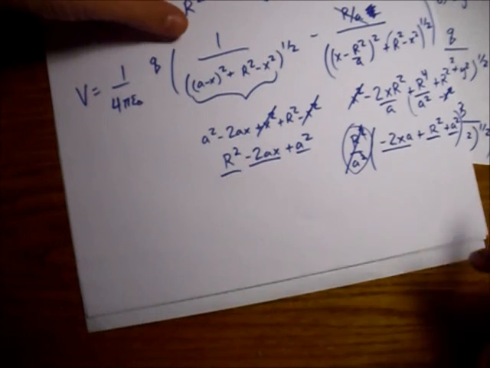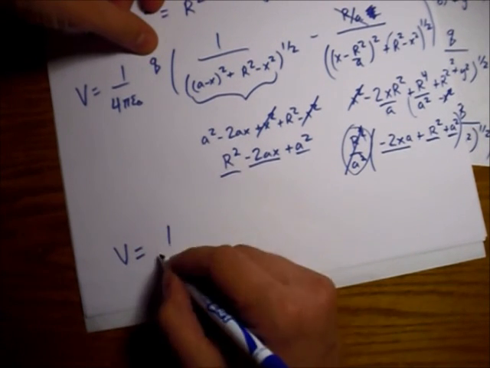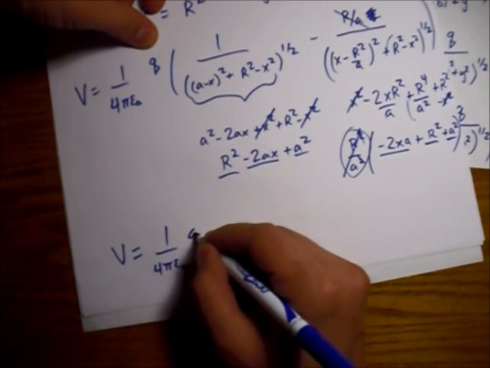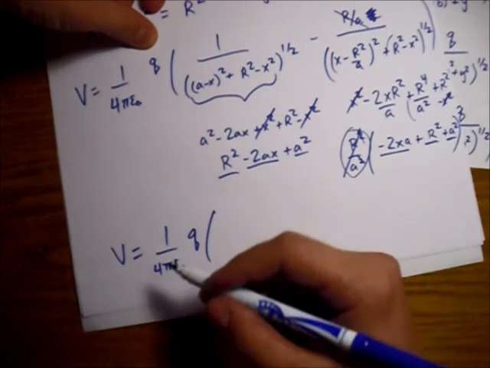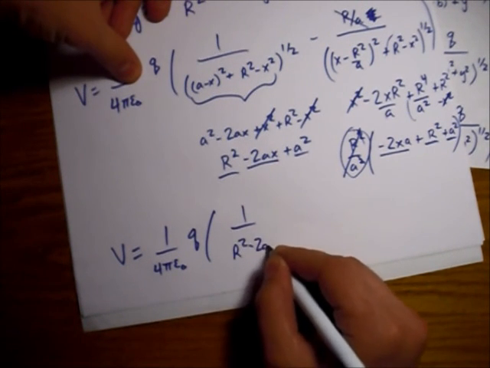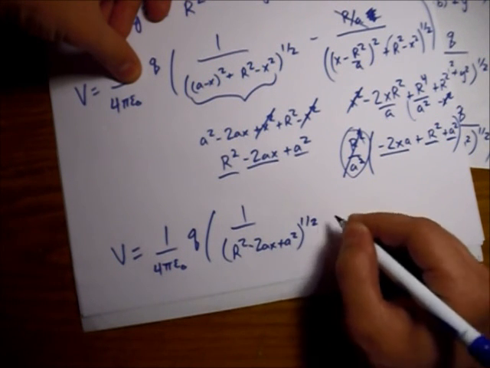So that was probably not worth it, right? But we get a 1 over this r squared minus 2ax plus a squared. We're just beating this dead horse pretty good.